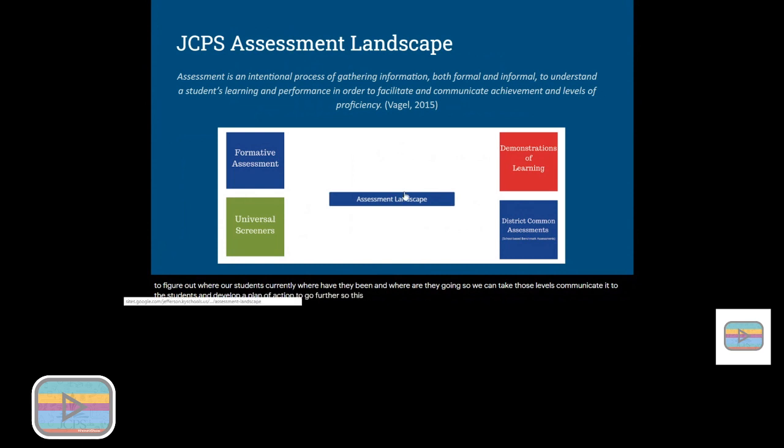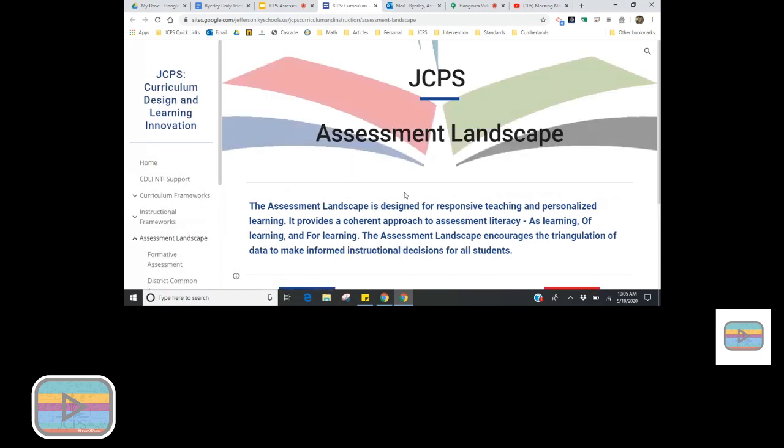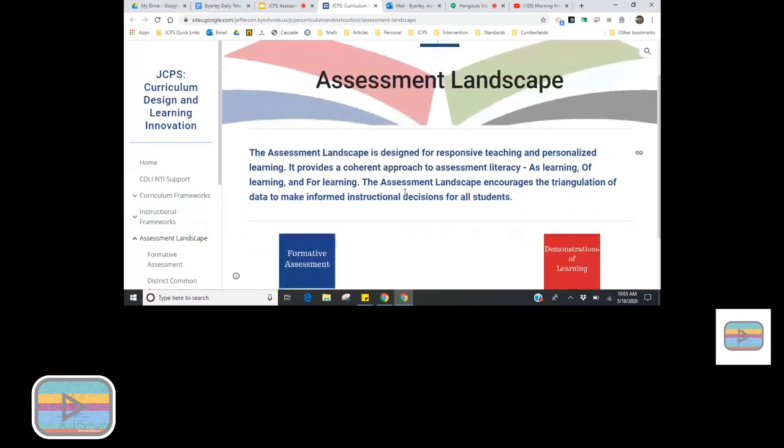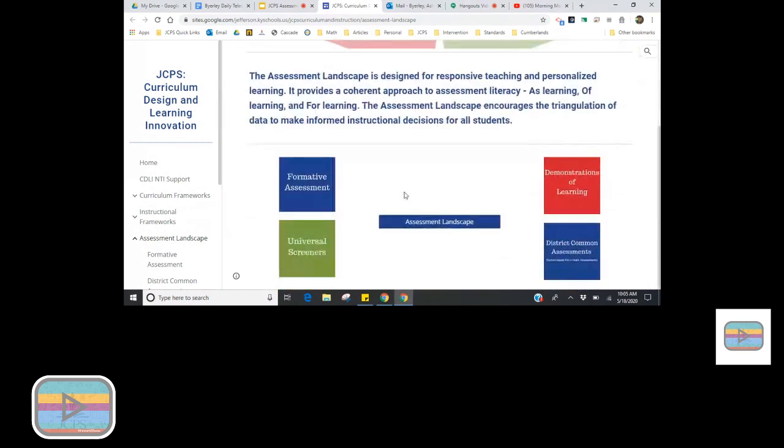So this is a view of our assessment landscape. I'm going to click on it here. So it takes us, and you can see exactly what it looks like when you go into the screen. It's on the CDLI page, but if you scroll down, each one of these blocks is a link to a different document.